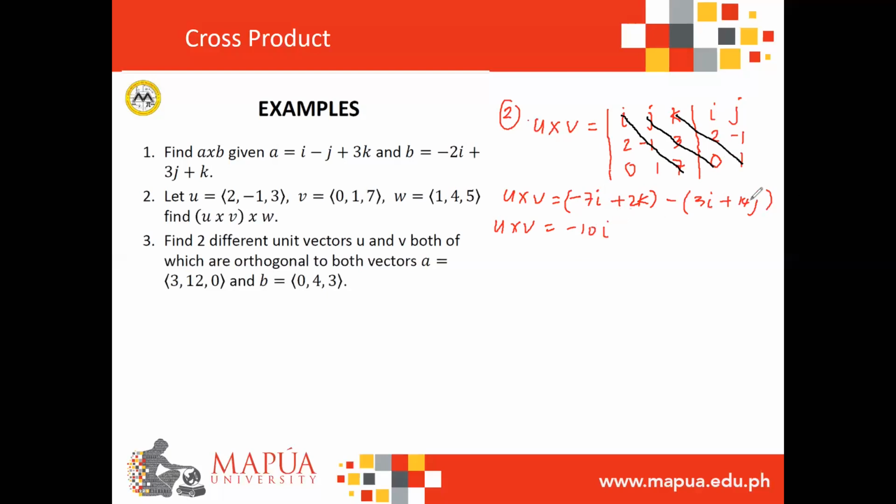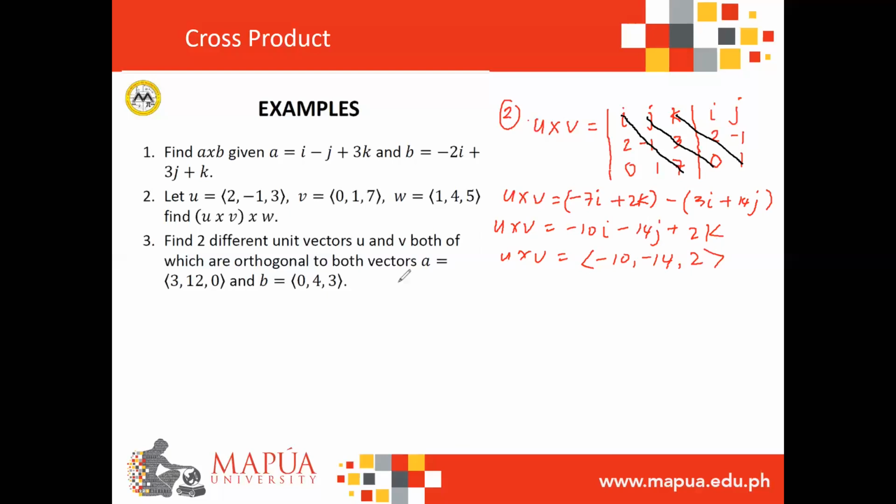Then this is negative 14j, then positive 2k. Then the result, we can write in bracket form, negative 10, negative 14, positive 2.